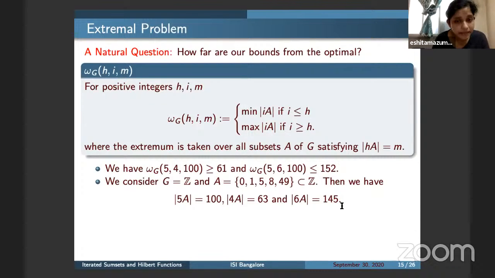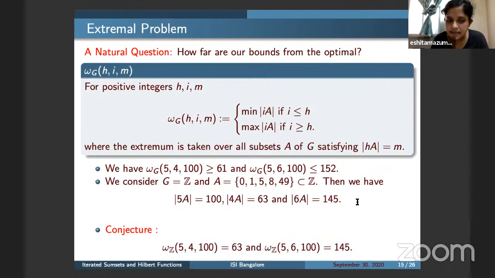Well, we believe that for the group G equal to Z, these are the optimal bounds. In particular, we conjecture that omega Z 5400 is 63, omega Z 5600 is equal to 145.